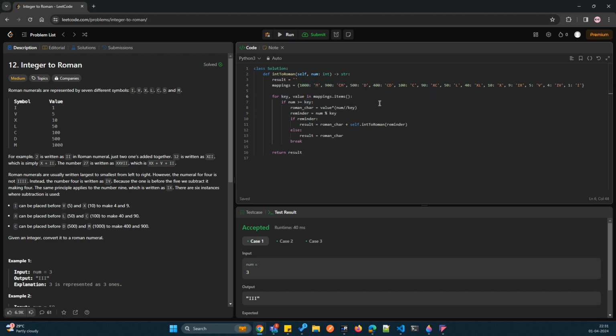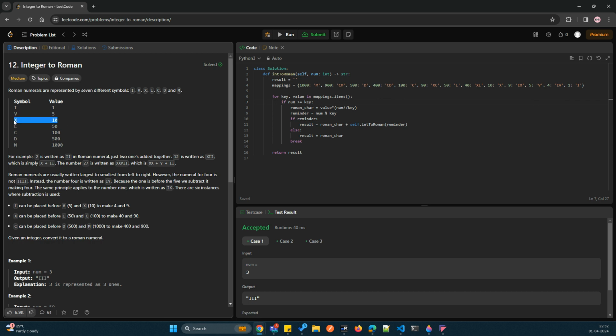The solution I have come up with is this: whenever we want to convert any integer to Roman, let's say 36, how can I represent it? The possible notation would be to use 10 here, 10, 10, 10, so I will go to 30.